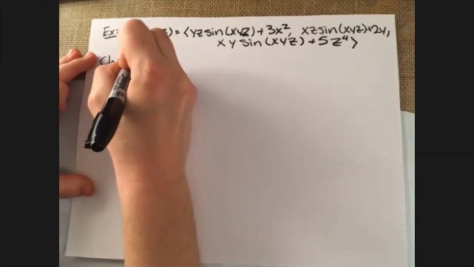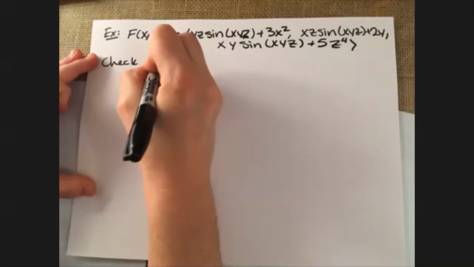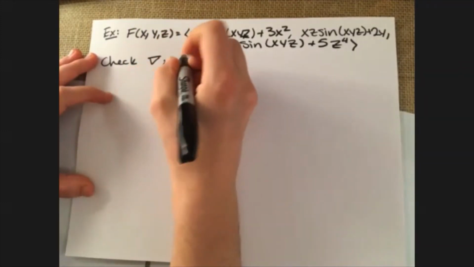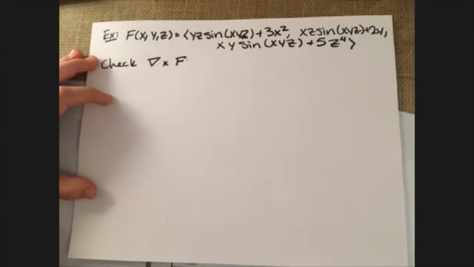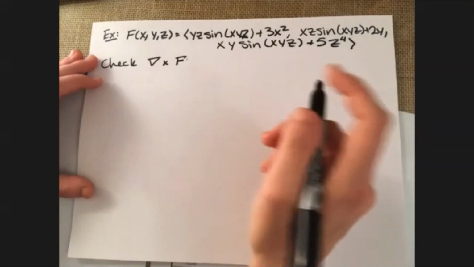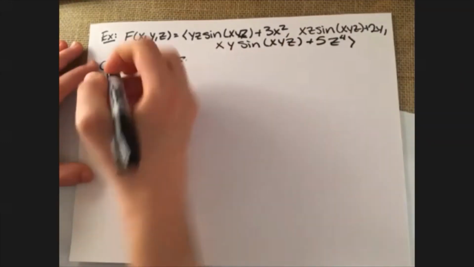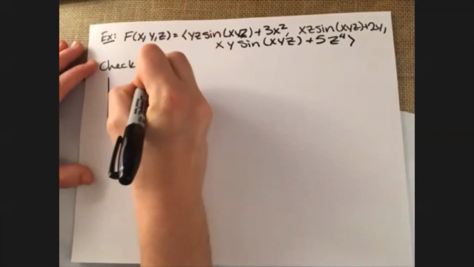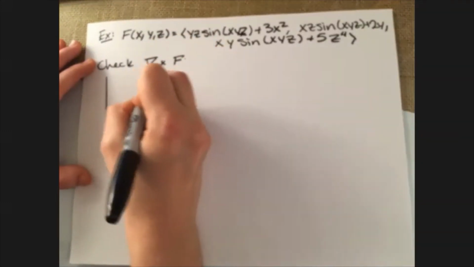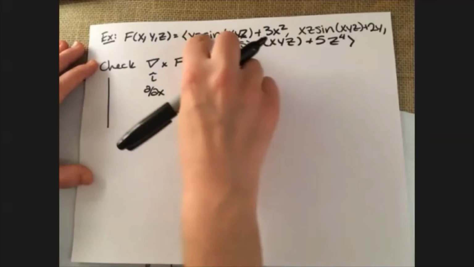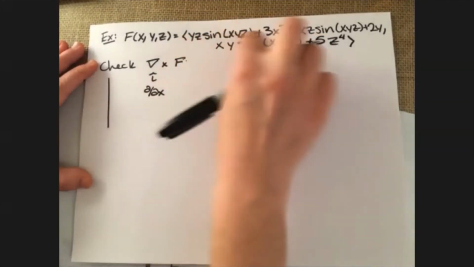So to check to see if it's conservative, we're going to check this guy, del, crossed with F. And this is really the part that takes up the most room here because I want to make sure that it all fits on one line. This is equal to, so we have our i hats, partial with respect to x, and I'm going to put my x component from up there, right here.